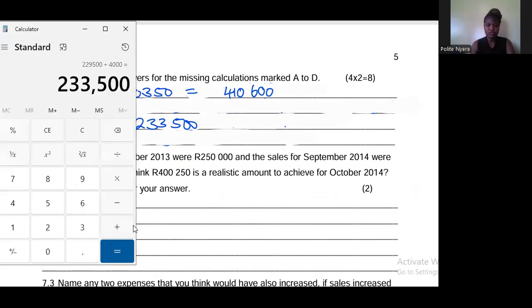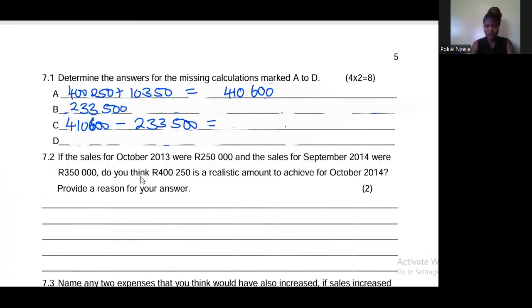On my calculator I'll just subtract, and we're going to get 177,100. That is our answer.